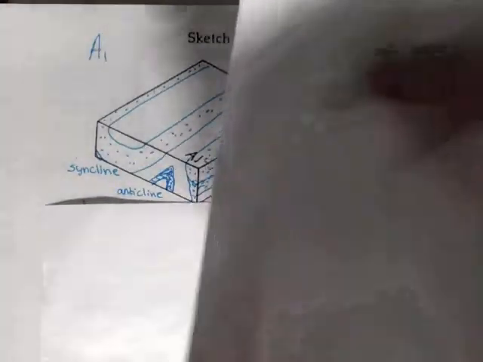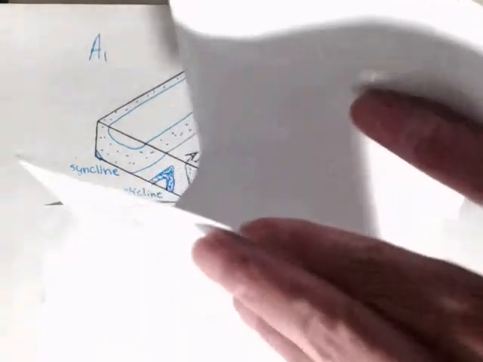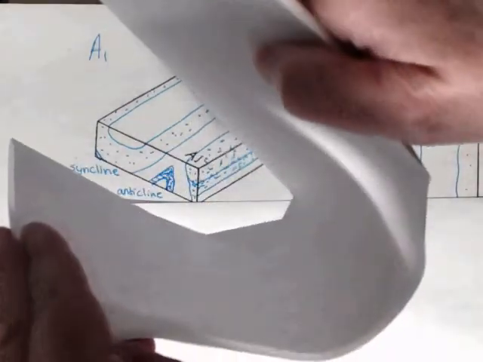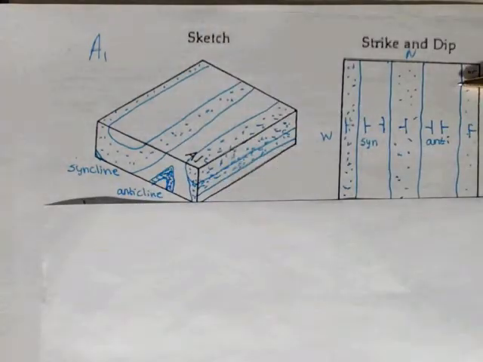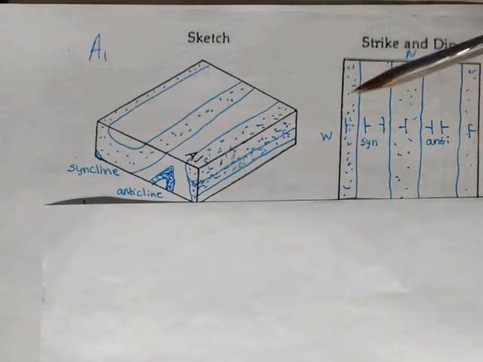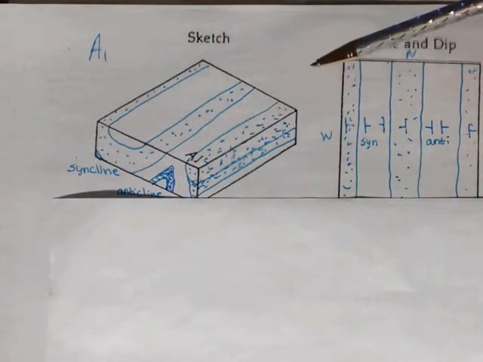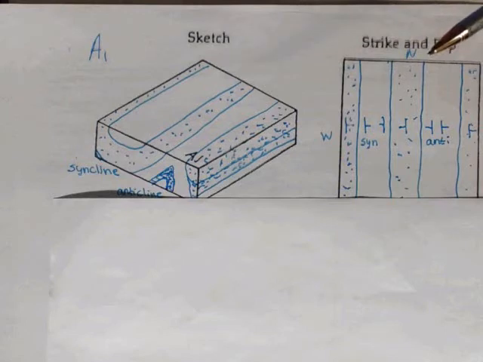Also, if I do compression, I can get a downward arch as well, a down warping. So in either case, I was getting compression forming either the syncline or the anticline. So your type of stress, which is what you're filling out on your handout, is compression for both cases there.